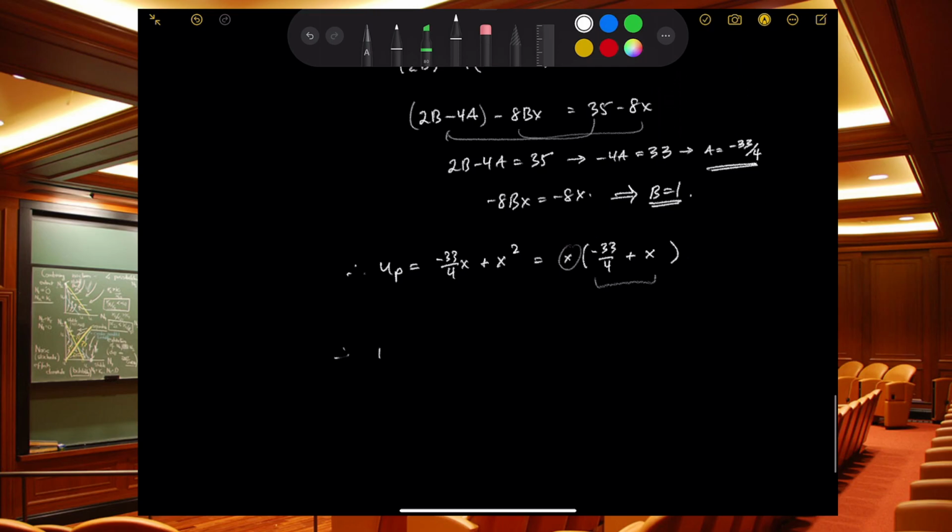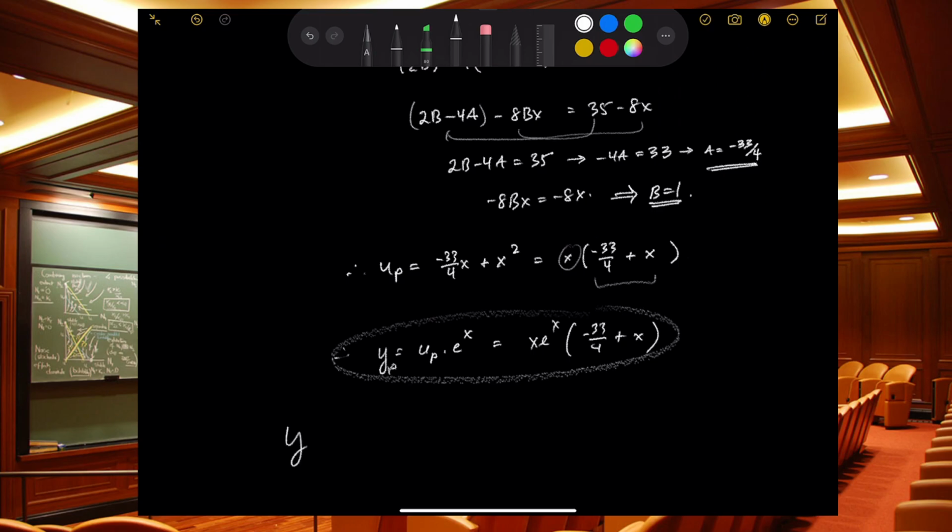So therefore, if y is u sub p times e to the x, then this ends up being x e to the x times this linear piece. Okay, so that's our y particular. And then your general solution is yc plus yp, and you can take it from there.